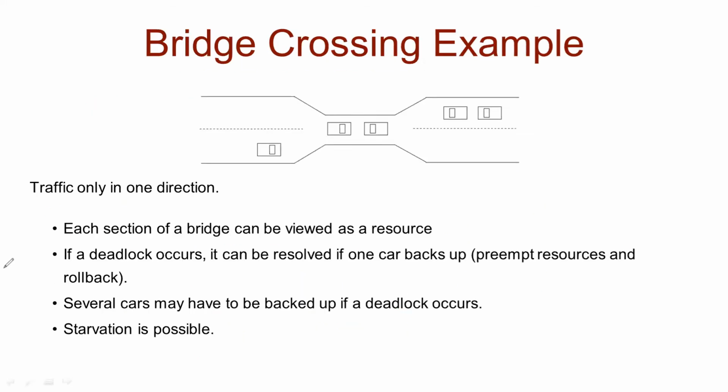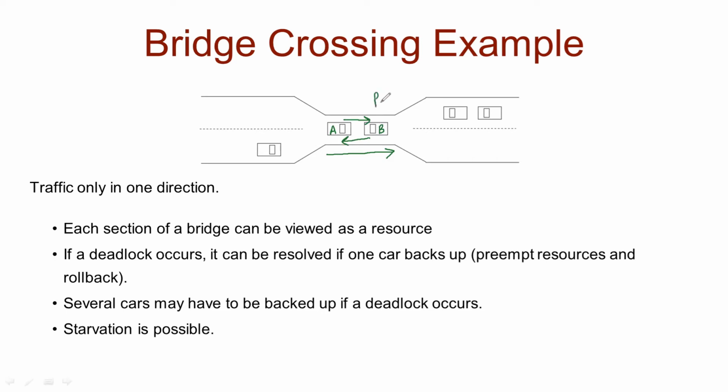Now let's see another example, which is the bridge crossing example. Suppose this is a bridge and on this bridge only one car can go in one direction at one time. This is car A and this is car B. At one point of time, both A and B are on the bridge. B has to go in this direction, A has to go in this direction, but both are stuck.